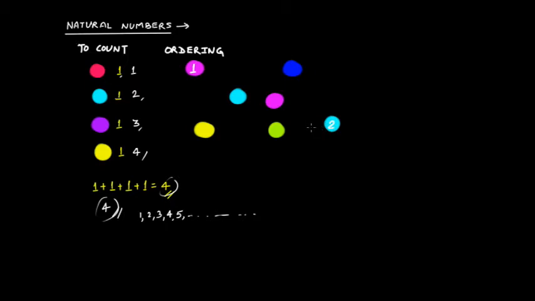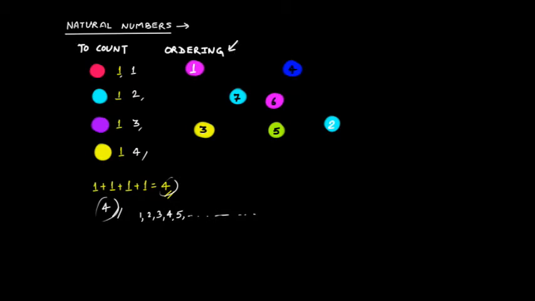You can allot a number for any given ball. You say this is ball number 1, this is ball number 2, this is ball number 3, this is 4, this is 5, this is 6, and this is 7. So you have allotted a number to order them, that is, you have put a serial number in front of them, and therefore this is called ordering.